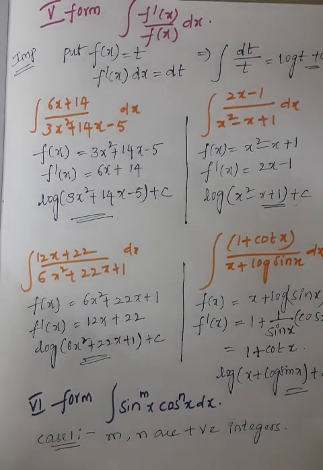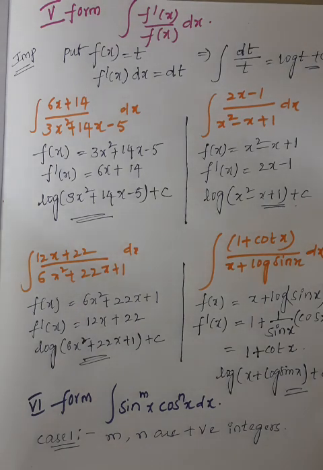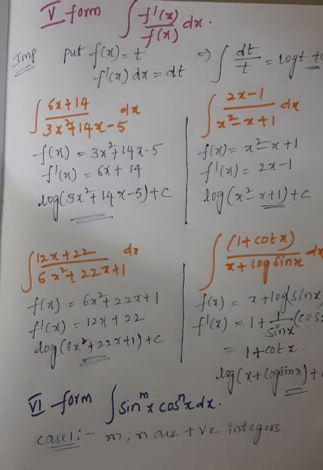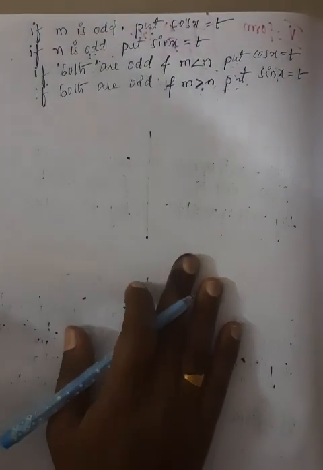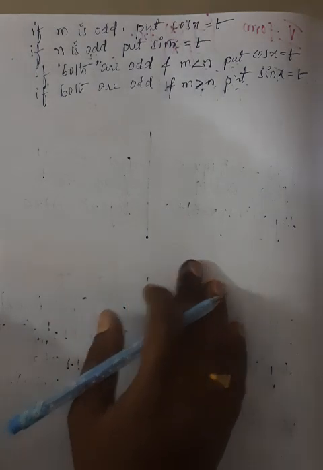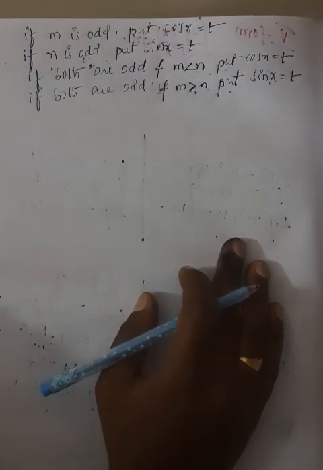So m and n are both positive integers. Since the two numbers are positive, they may both be even, both odd, or one even and one odd.